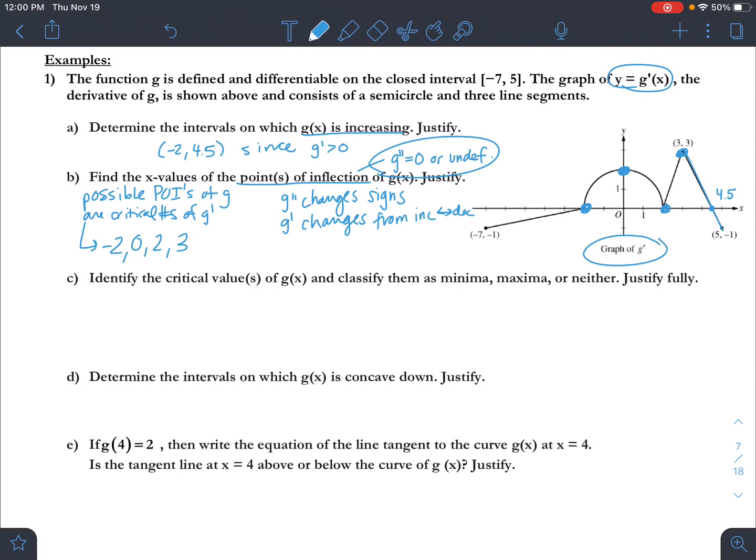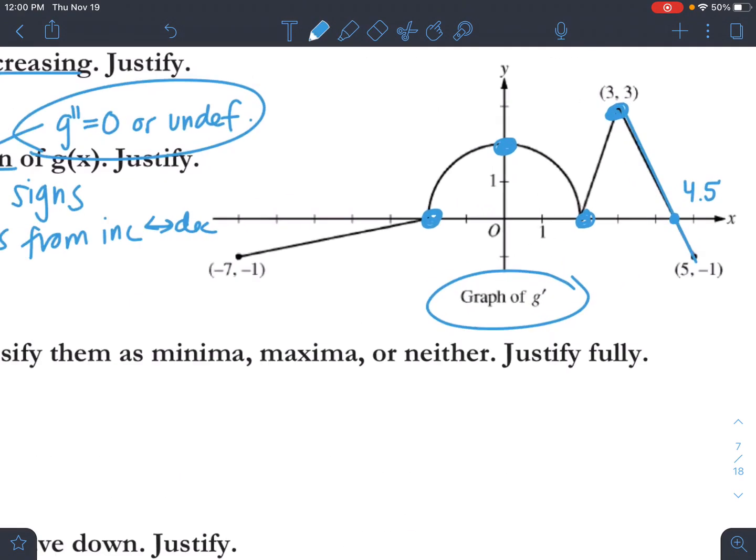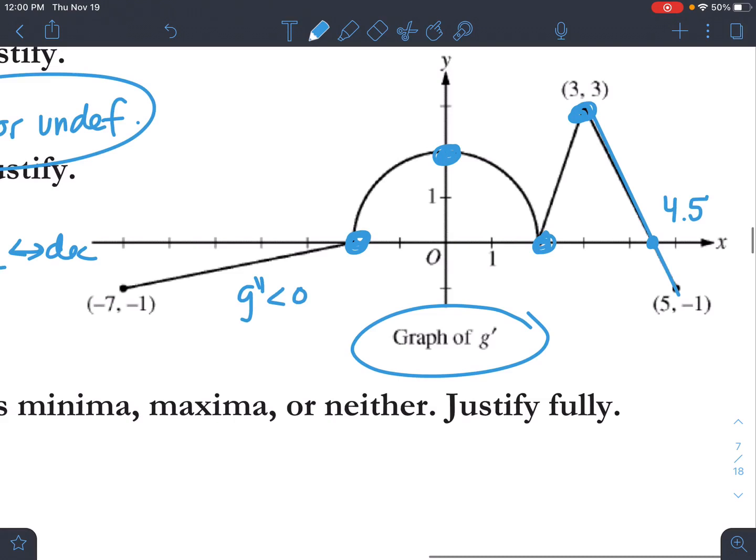Now, we also have to change signs. So notice here, we have g double prime is positive. Okay, it's increasing. And then we also have g double prime is still positive, right? Because that's the slope of g prime. So a little bit hard to connect here.